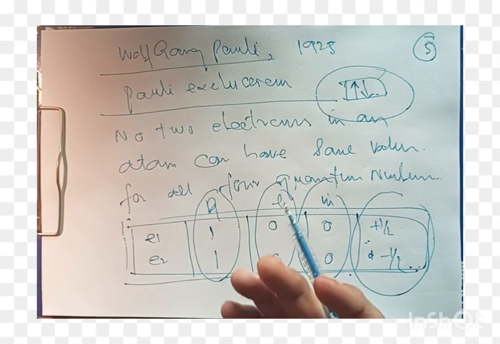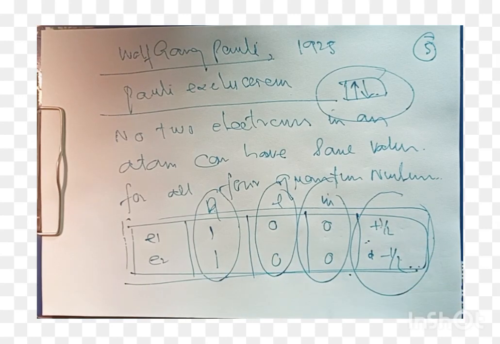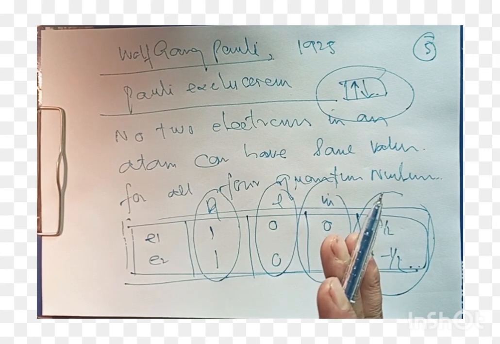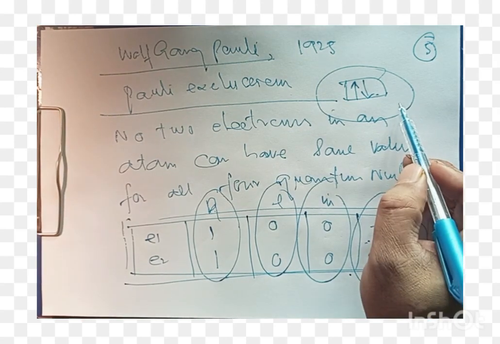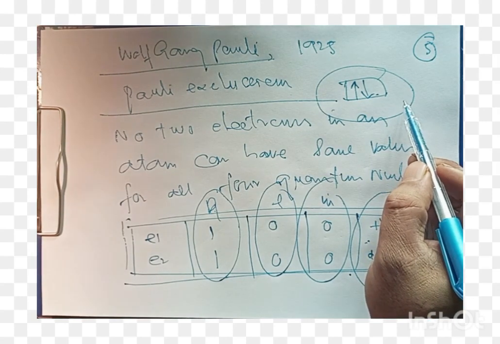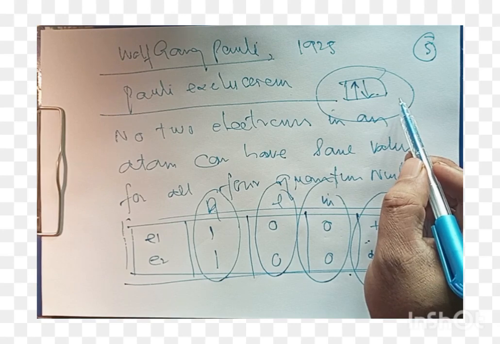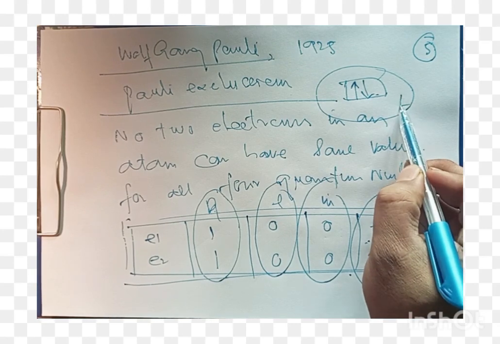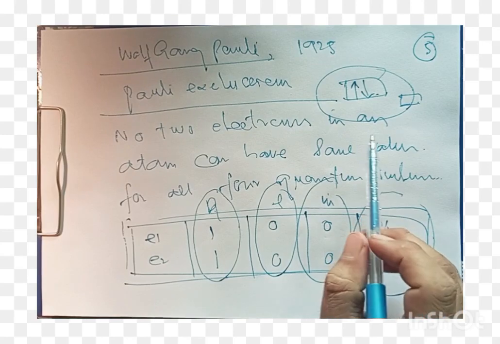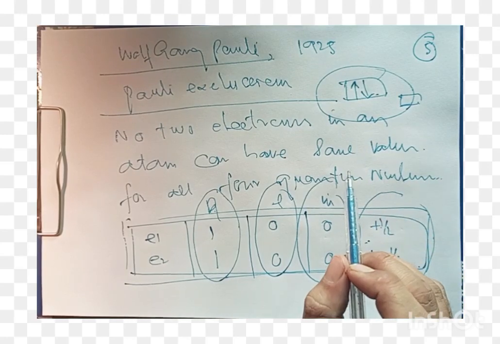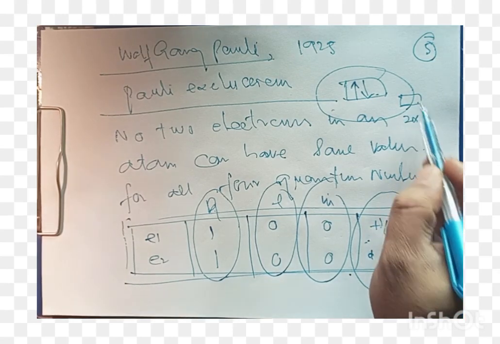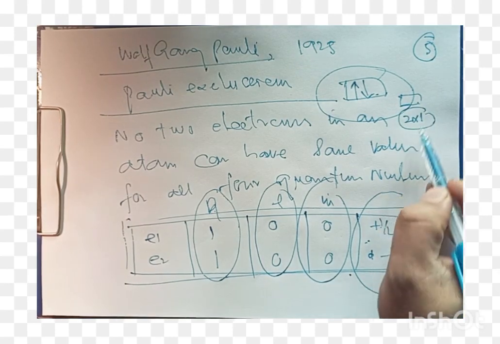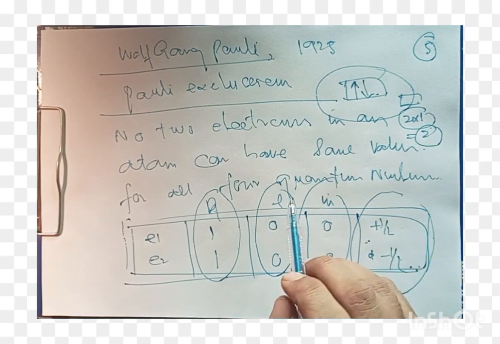In any main energy level, say n, the maximum number of electrons is twice the total number of orbitals, or simply equal to 2n squared. For example, the s orbital is a single orbital, so it can accommodate two times one, that is two electrons.